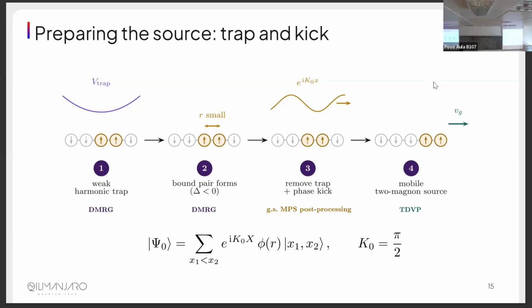But to evolve the system, we keep the trap, and we select capital delta less than 0 because we want stability of this bound state. For these first two steps we use DMRG. Then we do a post-processing step to add this momentum to the bound state. And then we evolve this spin system with TDVP.